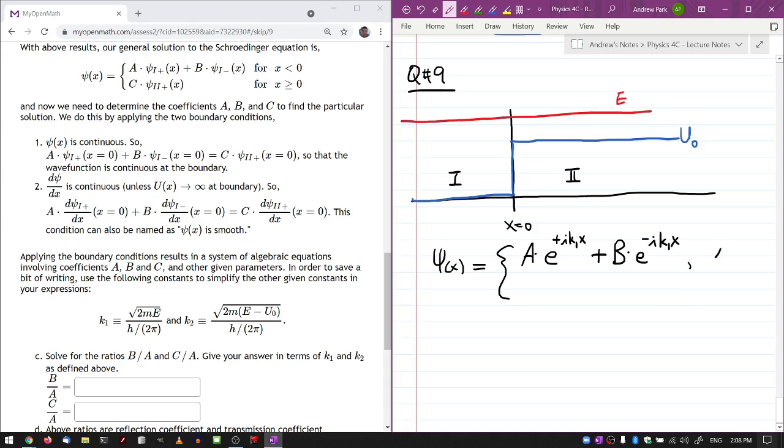This is for x less than 0. And for positive values of x, it'll be C times e to the plus i k2 x. And we don't have a left-traveling solution because we are setting our initial condition so that the particle is incident from the left, for x greater than or equal to 0.